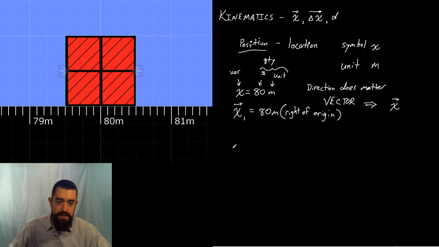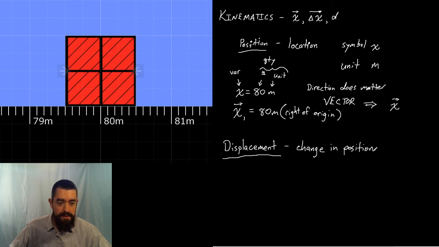Done. Now we need to talk about the next thing, which is displacement. All right, displacement is a change in position. The symbol is delta x.